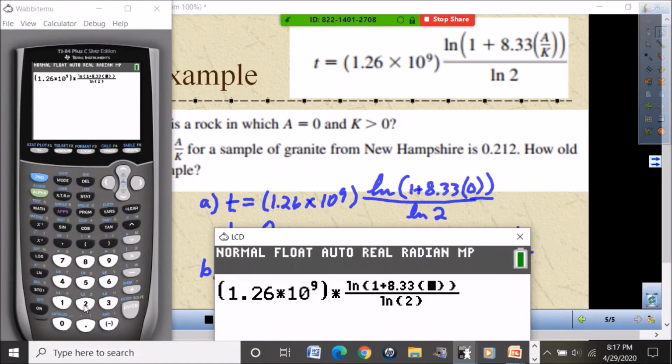Going back to our calculator, we're only going to change the value of A over K. So we're going to change the 0 to 0.212.